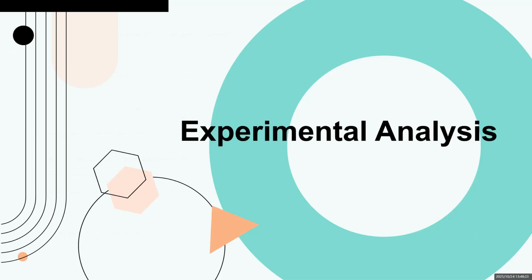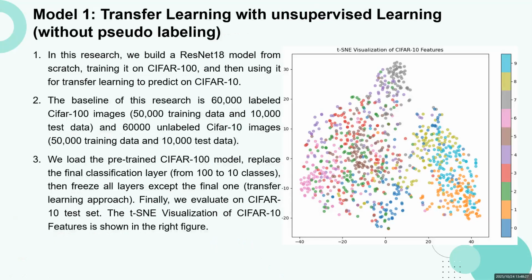Now let me conduct the experimental analysis. In Model 1, we conduct transfer learning with unsupervised learning without pseudo-labeling. In this research, we build a ResNet-18 model from scratch, train it on CIFAR-100, then use it for transfer learning to predict on CIFAR-10.